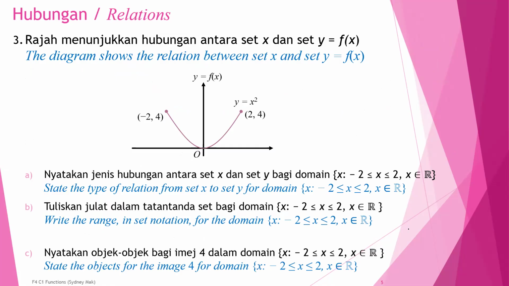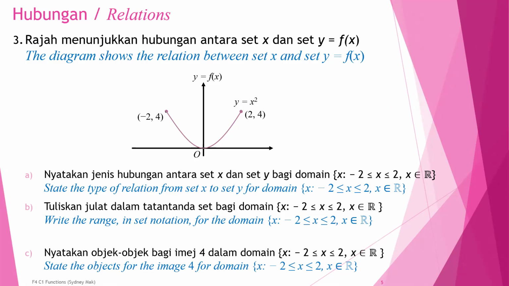Okay. Now, apart from arrow diagram and ordered pairs, we can also use the graph to show the relation between the x and the y. So in this case, what is the type of relation between x and y for our domain -2 to 2 such that our x are real numbers? Real numbers means all your integers, non-integers, irrational numbers, all in.